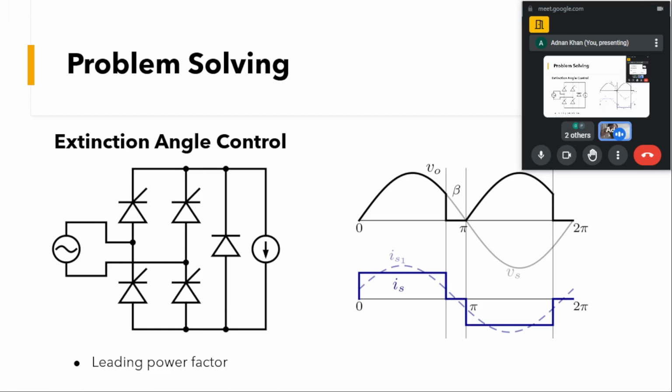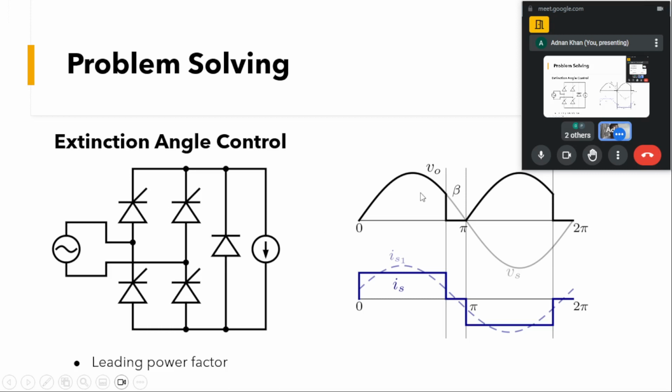SCRs cannot be implemented here as they only have controlled turn on. So here we'll be using GTOs, which have turn off control as well.